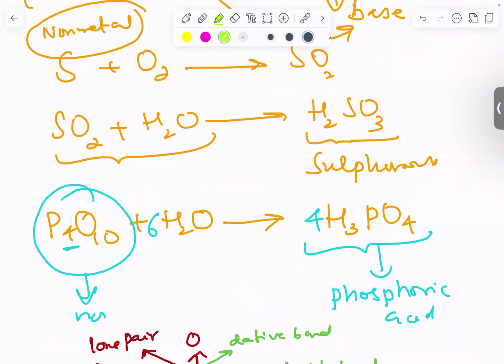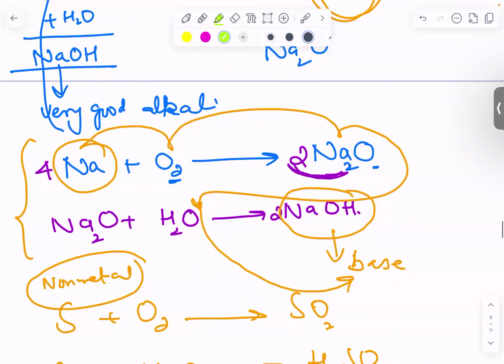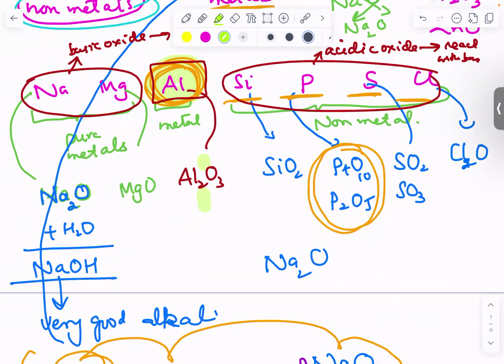I can easily tell you because it's in our CIE syllabus, but because it is not in your syllabus, I'm not going to discuss that, right? So you need to memorize it, that aluminium oxide is an amphoteric oxide.